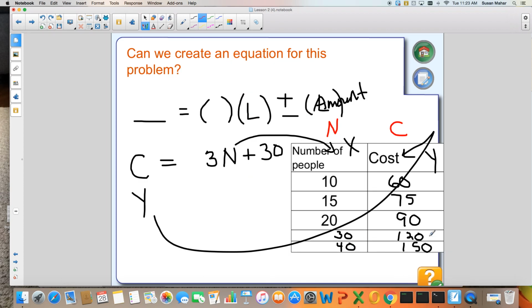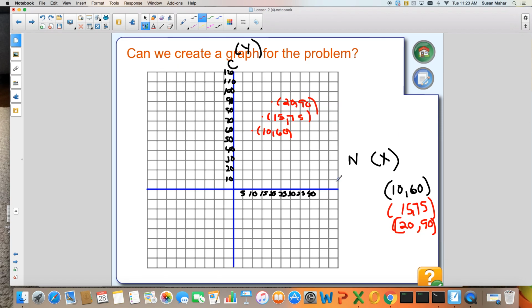Oh no, I've got 30 and 120, and they're going to be the last ones that I can graph. I'm going to go here to 30 and go all the way up. Here is 30 and 120. And I'm going to stop the video after this, and we will come back.